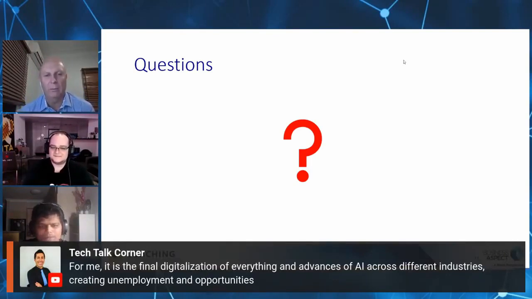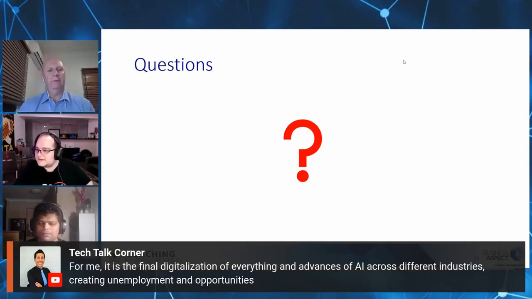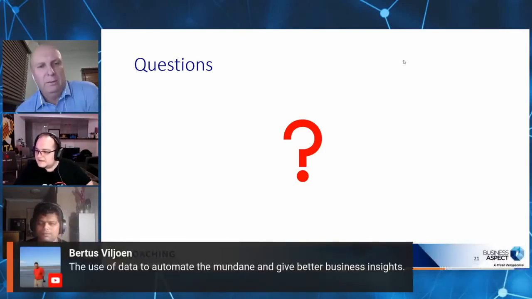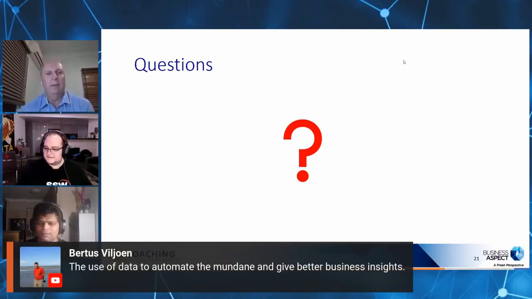And I do talk a lot about the opportunities. I'm not sure about the unemployment side of things, but that's definitely up there. I like the short one on better business insights. So we have this one: the use of data to automate the mundane and give better business insights.